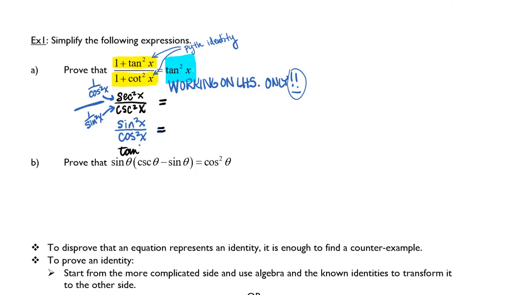This is tangent squared x, and that's what we wanted. The two sides match, so we have shown as desired that tangent squared x is identical to 1 plus tangent squared x over 1 plus cotangent squared x. Ta-da!